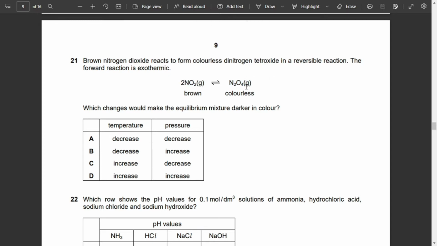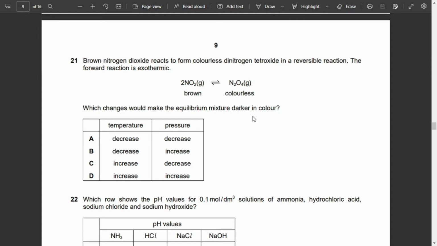We need to do something so that the equilibrium shifts backward towards the reactant side, because brown is a darker color and colorless is actually no color. So we need to make the mixture darker. Since it's an exothermic reaction, if we decrease the temperature, the reaction goes ahead, and the color gets less dark.